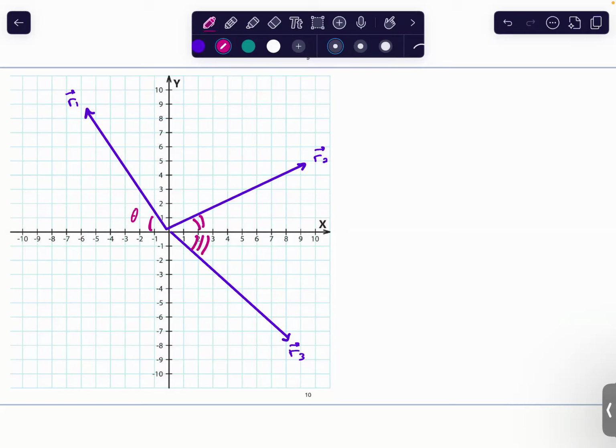So we're going to have angle theta, phi, and delta. What's that little letter? That's a delta. Delta is that, sigma's that. So it's kind of like a sigma on its end.